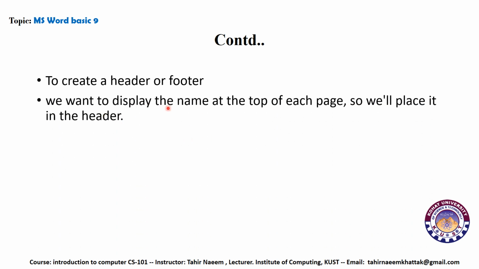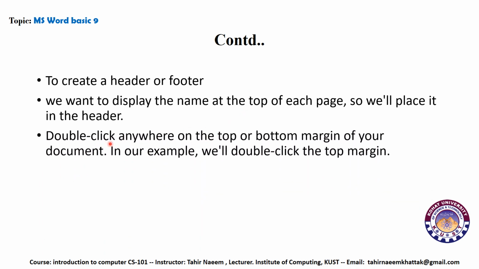If we want to display the name at the top of each page, we'll place it in the header. So let's suppose there is a scenario where we want to have the names in the header on the upper side of every page of our document. So basically we will place it in the header. What we will do is double click on the top margin or bottom margin of your document.